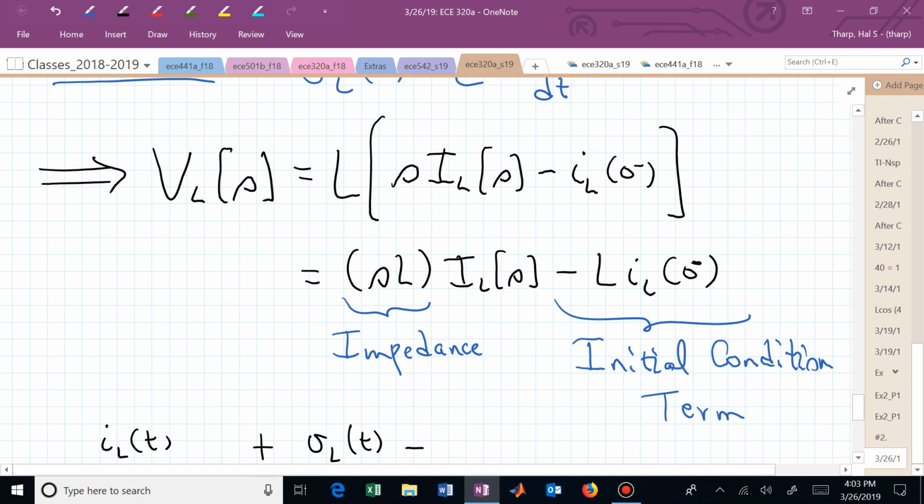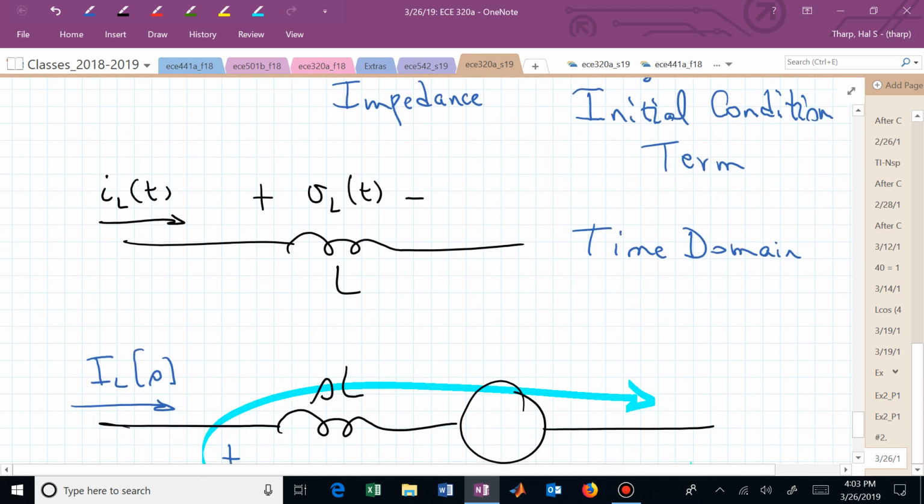Let me just put the minus sign into the polarity of my voltage source. I now have minus plus, and the value of that voltage source is now L I sub L of 0 minus.